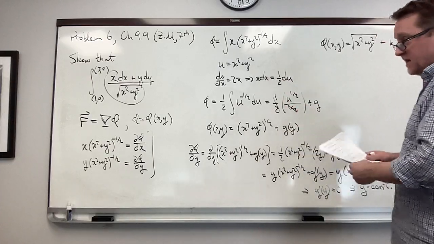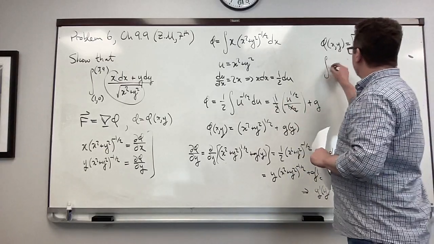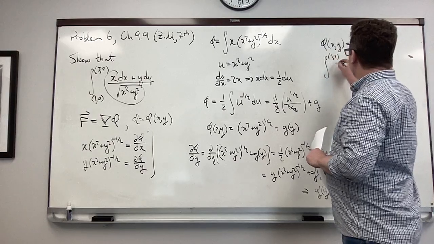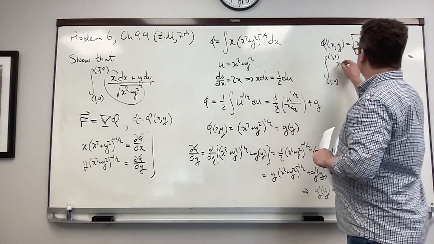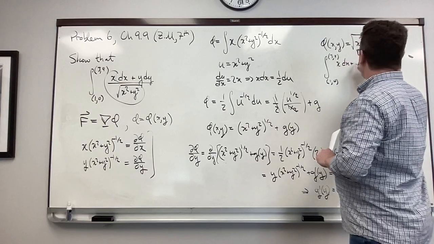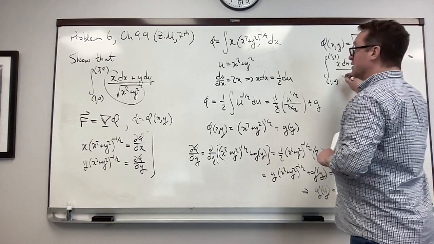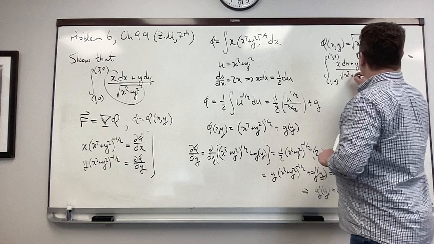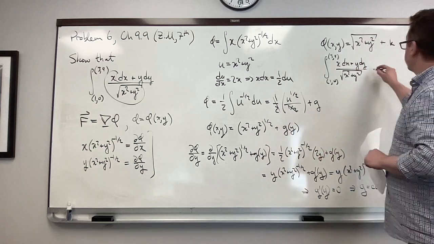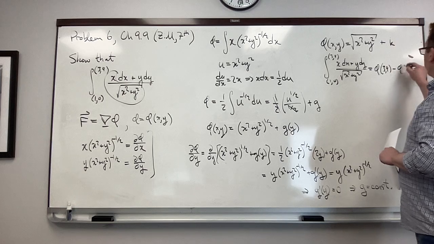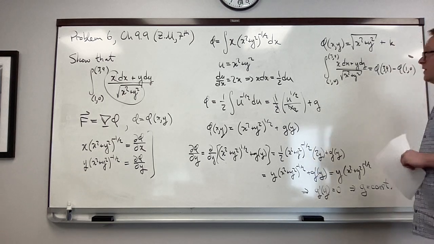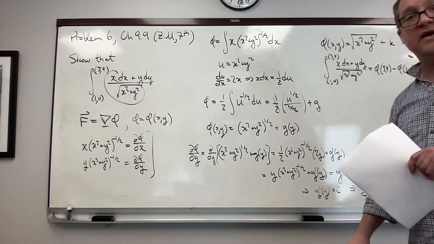Well, the whole point is this integral of x dx plus y dy over the square root of x squared plus y squared actually equals phi at (3, 4) minus phi at (1, 0). That is the difference in the potential at the endpoints.